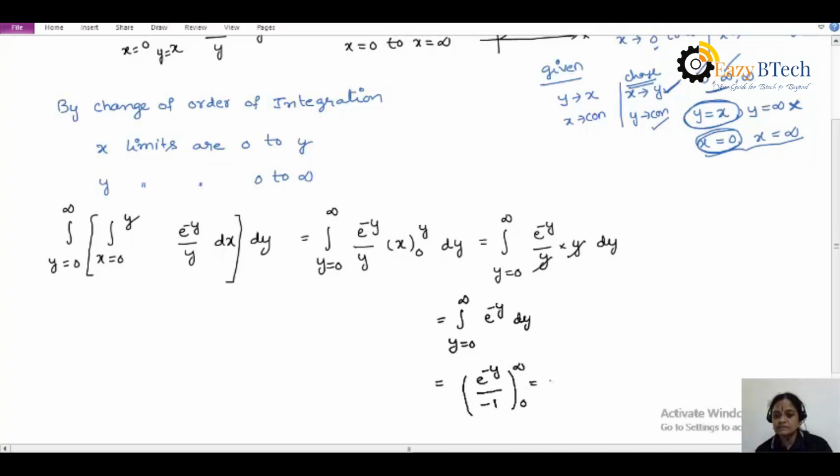This minus 1 is common; substituting the upper limit infinity and the lower limit 0 in place of y, then minus 1. E power minus infinity value is 0 and e power 0 is 1. So finally the answer of this question is nothing but 1. So thank you, students.